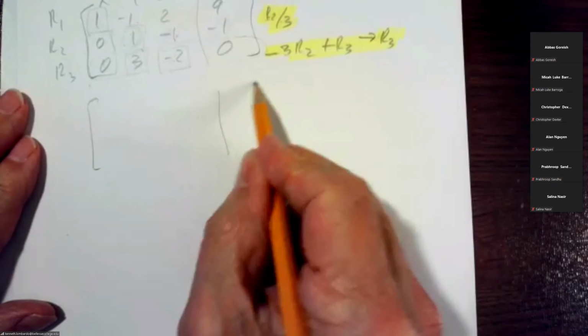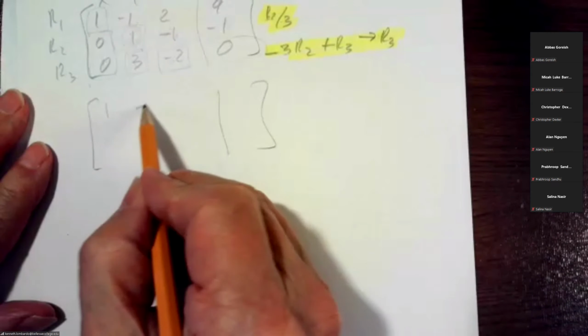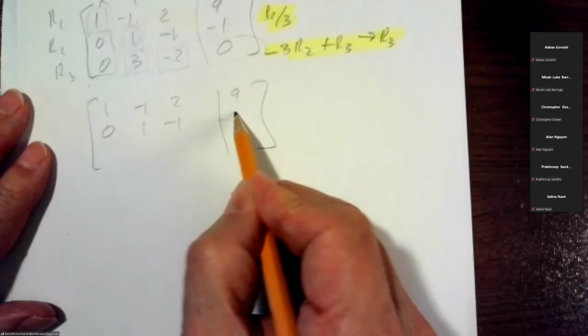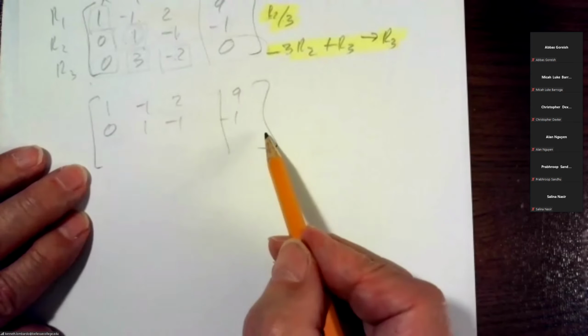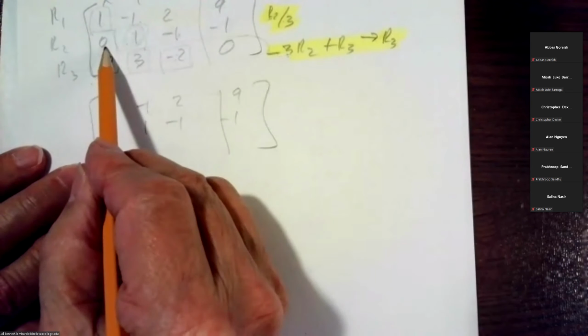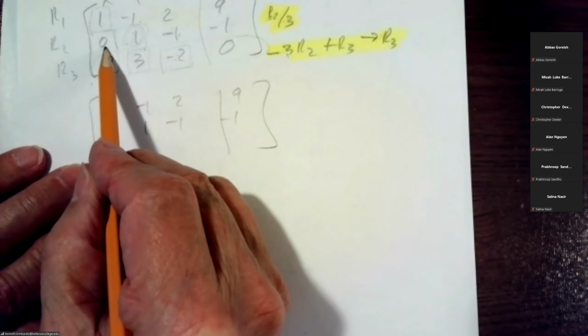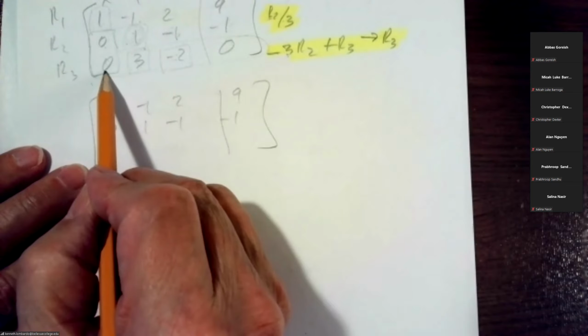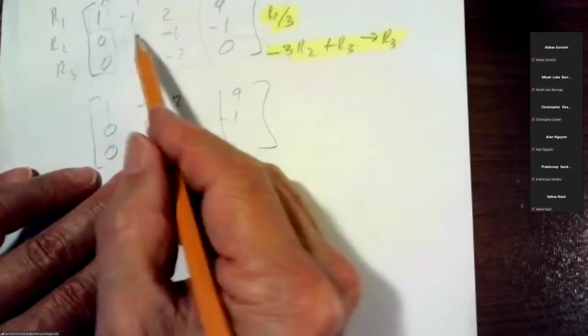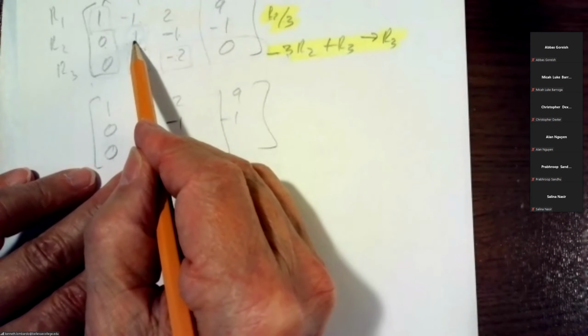So I'm going to rewrite this, and I'll have 1, negative 1, 2, and 9, 0, 1, negative 1, and negative 1. And I'm going to create a new row 3. Negative 3 times row 2. That's going to be 0, isn't it? Plus this, so that's still a 0. That's what we want. Negative 3 times row 2, that's a negative 3 here.